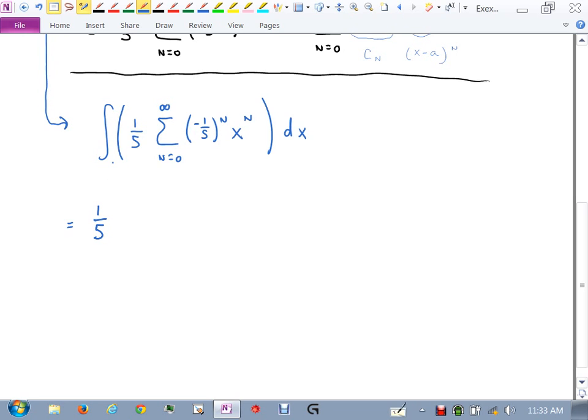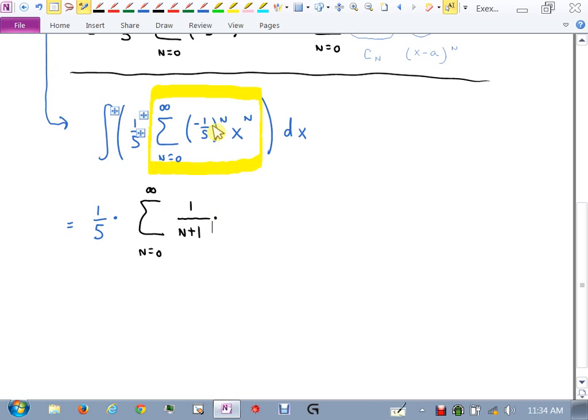And now I need to integrate this power series right there. When we integrate a power series, do we shift the index? No. So I'm just going to go summation n equals 0 to infinity, and then I'm taking the antiderivative of x to the n. The antiderivative of x to the n is 1 over n plus 1 times, now the c sub n is still there, isn't it?